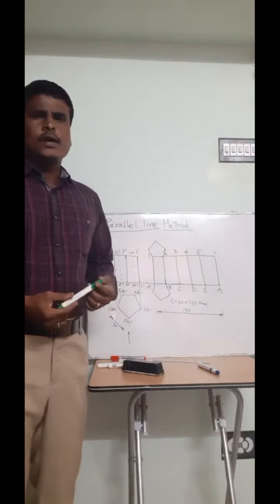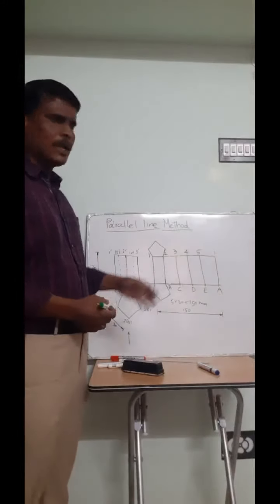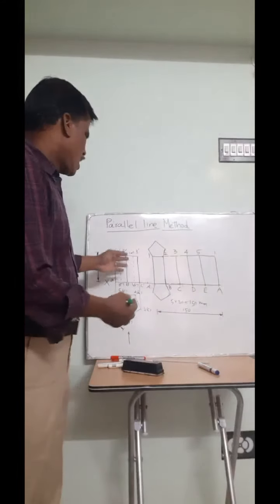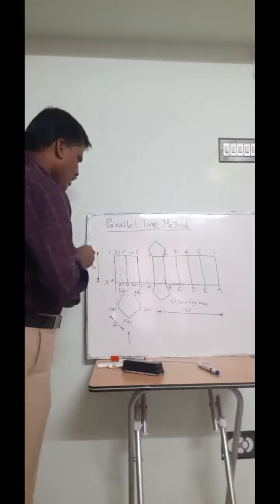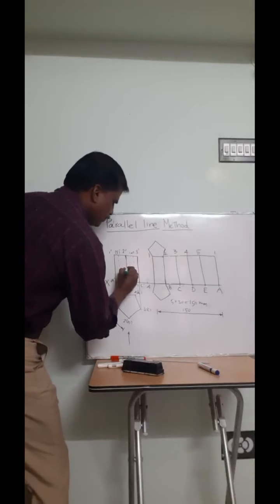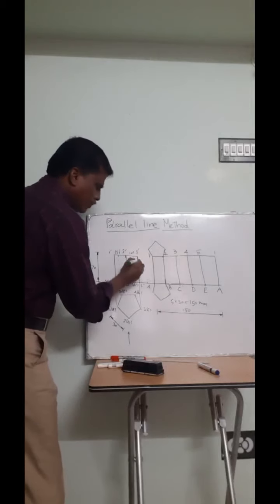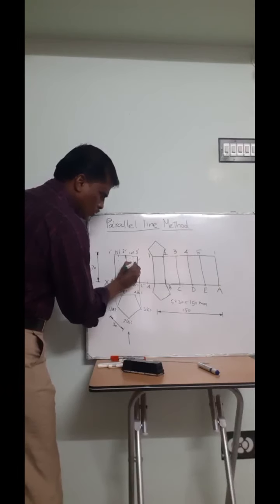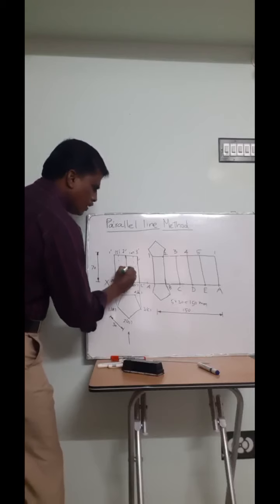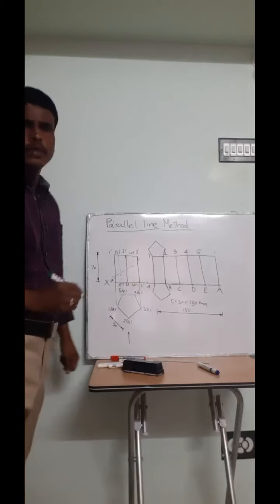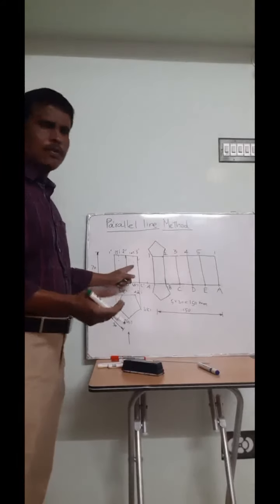Now, if I am going to draw a development of a prism, and the prism is cut by a cutting plane, let us assume a cutting plane is passing through the midpoint of the axis like this. The angle may be 30 or 40, whatever it is.